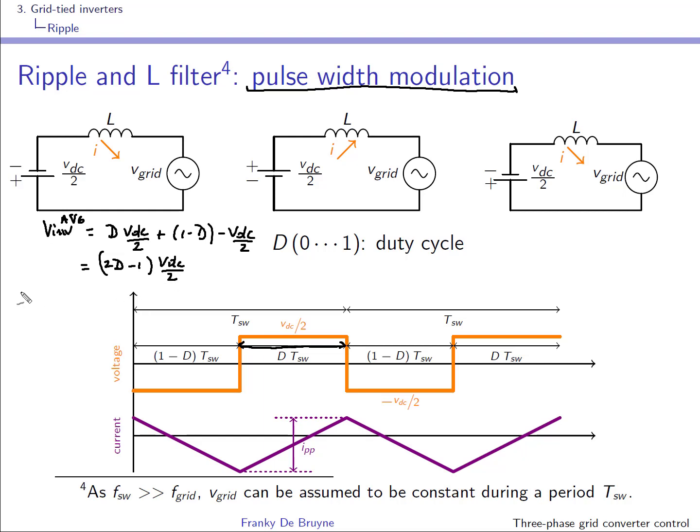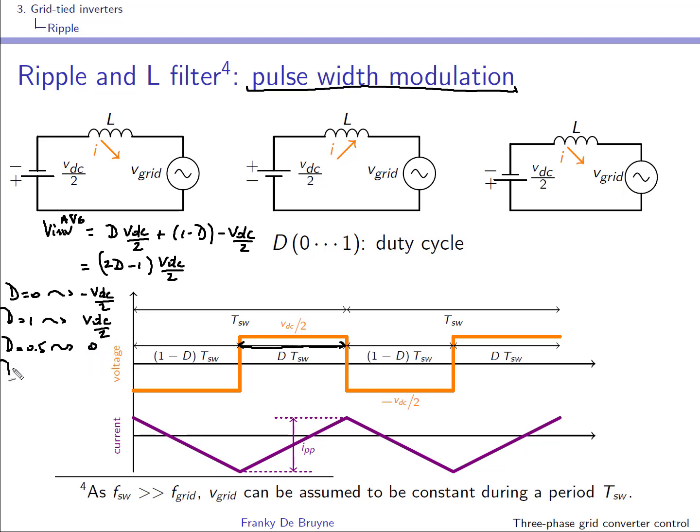And indeed, if you take D equals 0, this means that the bottom transistor is going to conduct all the time, so you will have minus VDC over 2. If D is equal to 1, well, then the top transistor will be conducting all the time. You have VDC over 2. D is a half, this is the situation that is drawn, then of course you see that on average the output voltage will be 0.